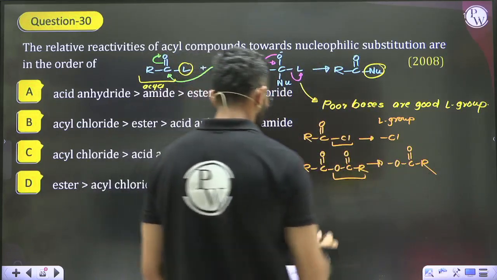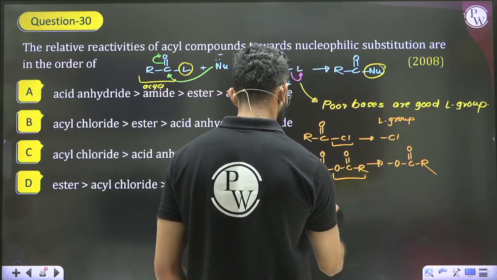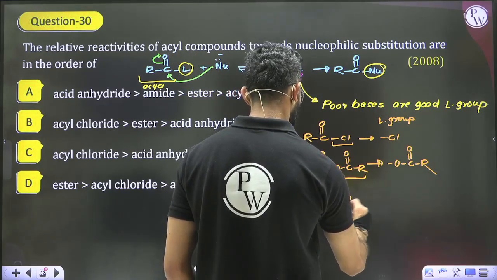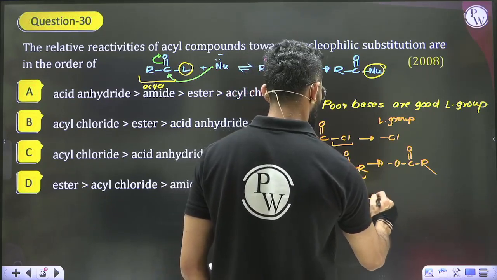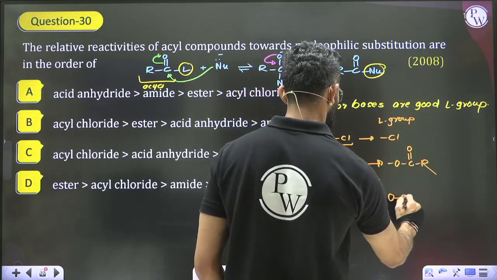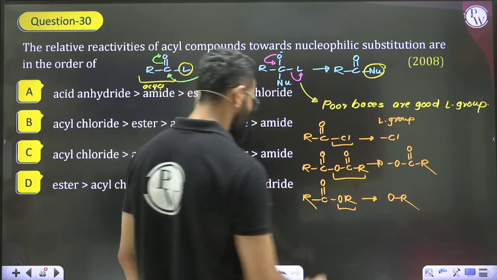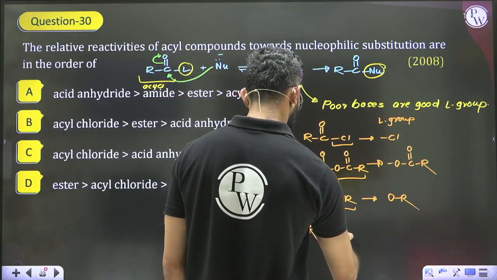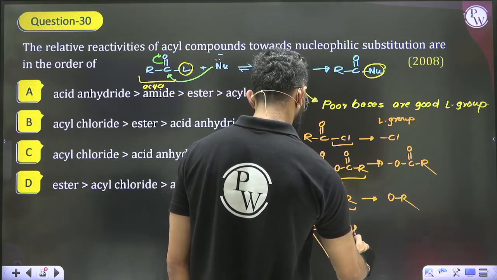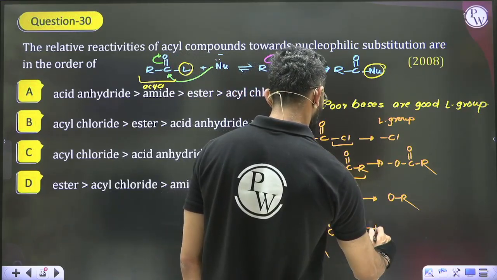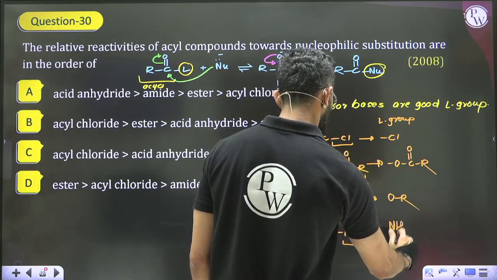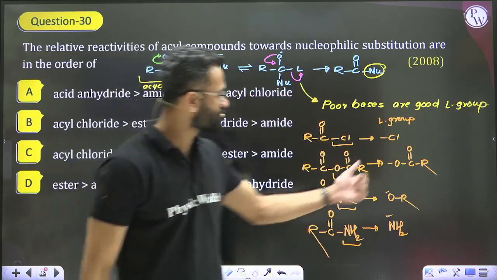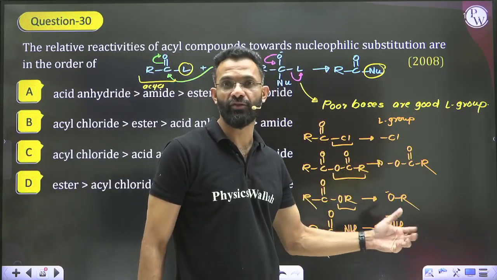Next is ester, RCOOR dash. The leaving group is alkoxy group. And in amide, RC double bond O, NH2, the leaving group is amide, NH2 minus.